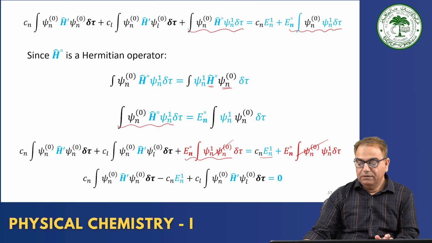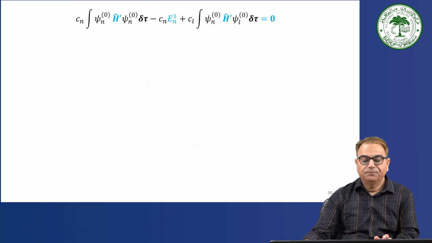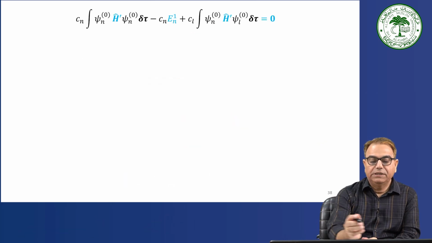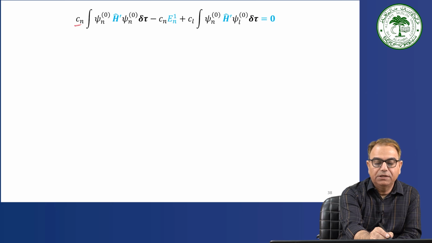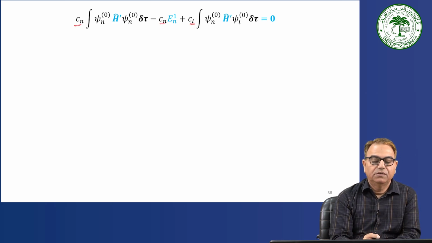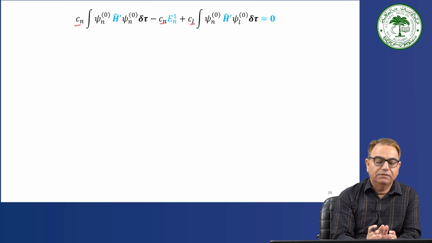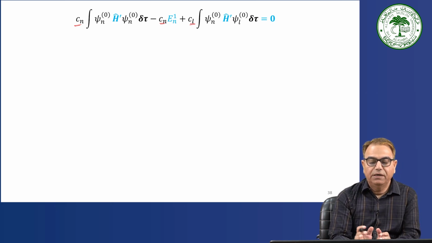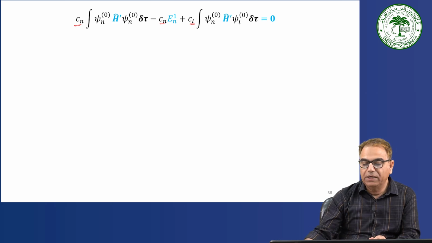So now what you can do is you can rearrange this. See, here Cn is the coefficient, here also Cn is the coefficient, but here you have Cl as the coefficient. So the terms with Cn you will combine together, and the term with Cl as the coefficient you combine together and write the integral in a different form.